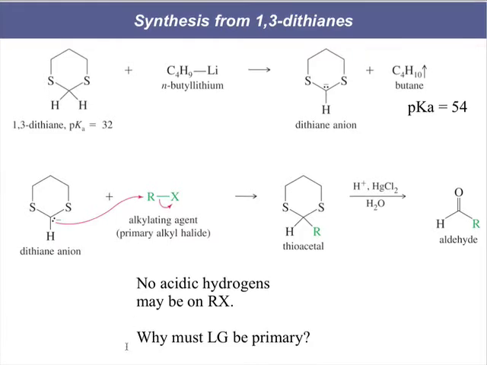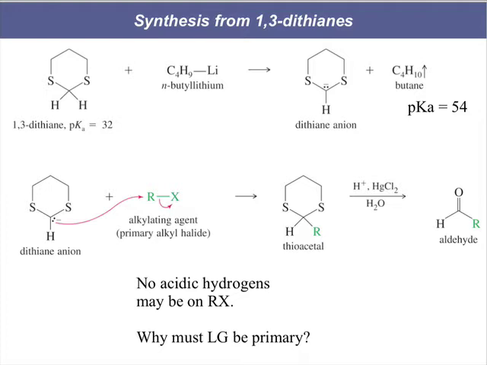Secondly, we mentioned that this leaving group on the RX must be primary because this is first of all an SN2 reaction and our dithiane anion is quite bulky. Remember that in SN2, generally speaking, we need a very good nucleophile, a strong nucleophile, with a high negative charge on it.